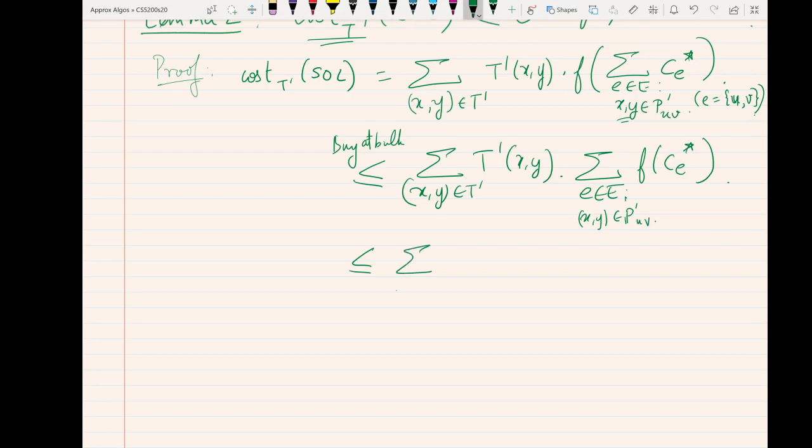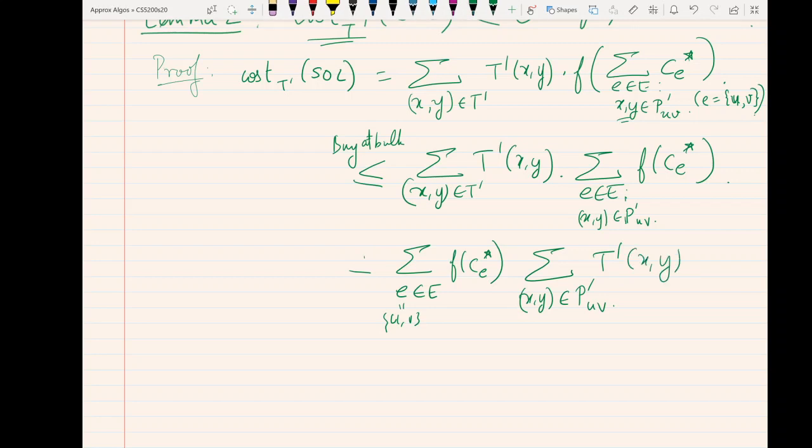Now just flip this over and say that E is always equal to UV. I got F of E star coming out, and then I have a sum over all edges which occur in the path P prime of UV. Like this is an exact equality over here.